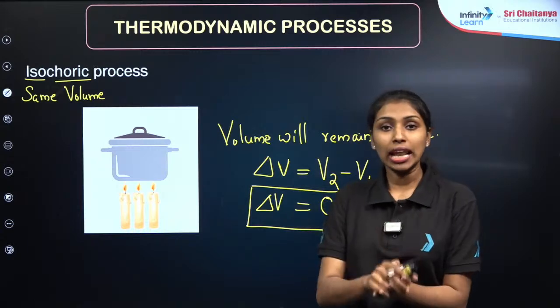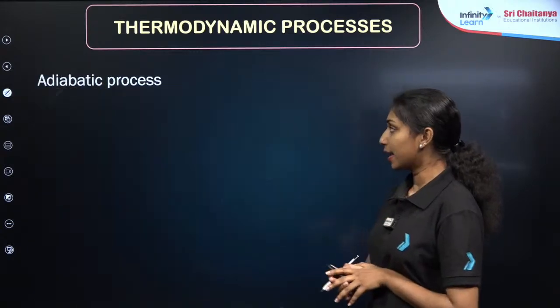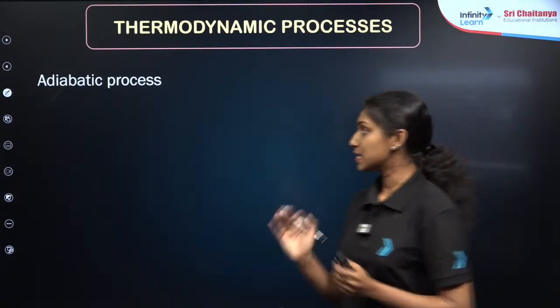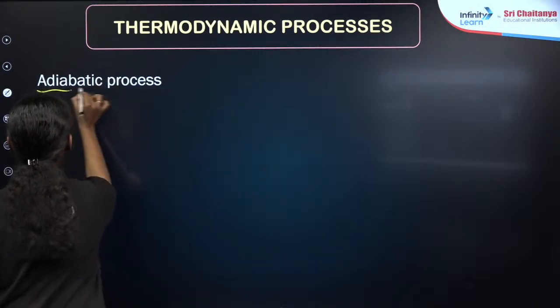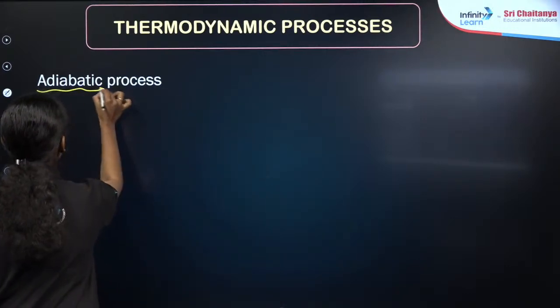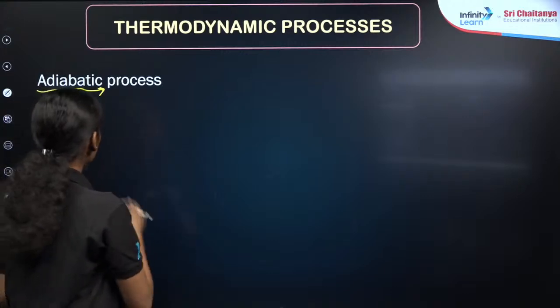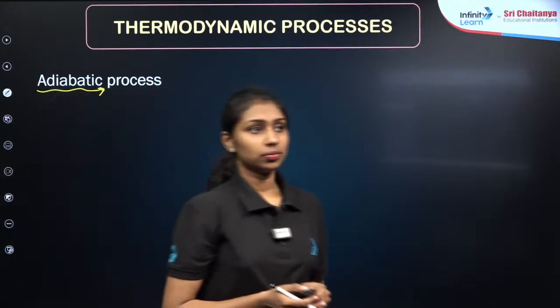Okay, now let me move to the last type of process, that is the adiabatic process. Is there any idea about the adiabatic process? Which term will be the same here, or what will happen in this adiabatic process?